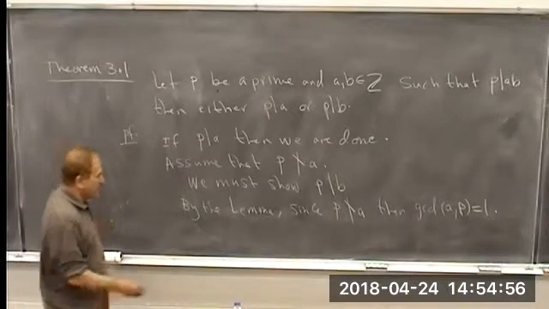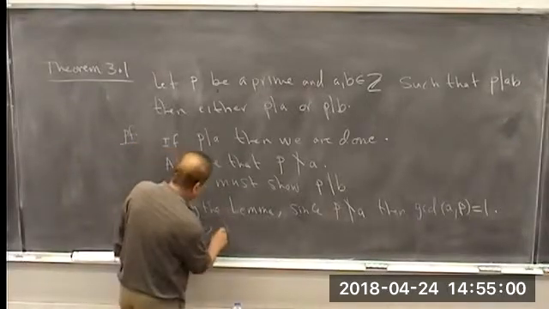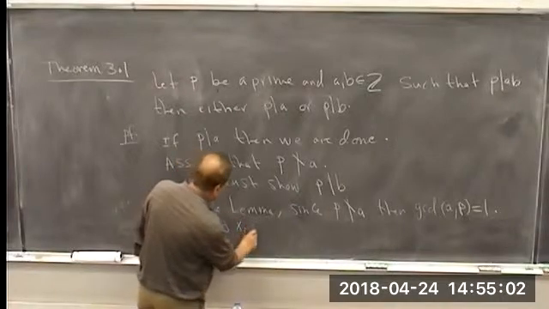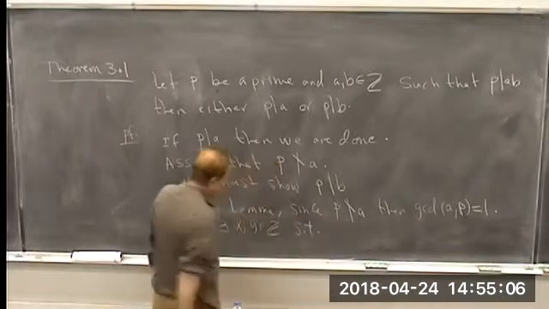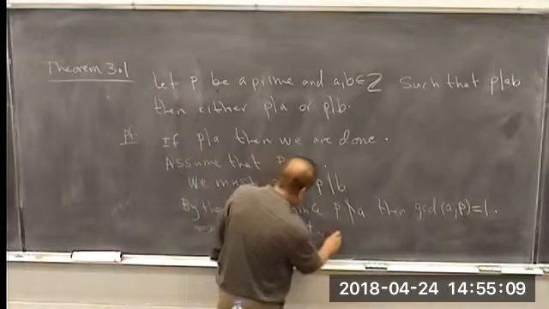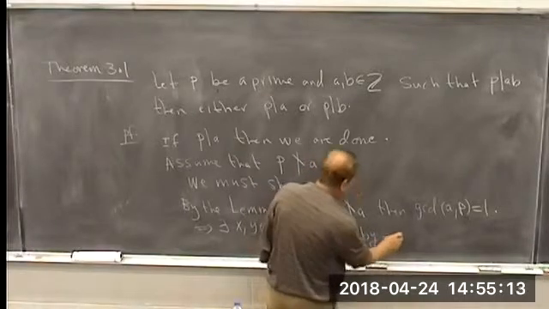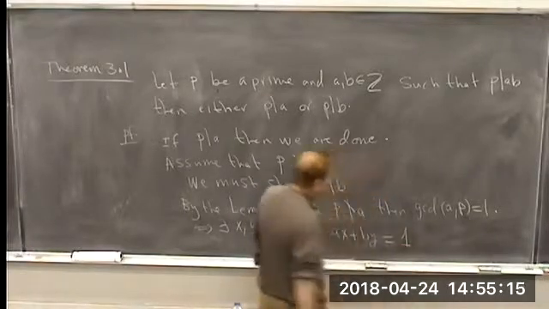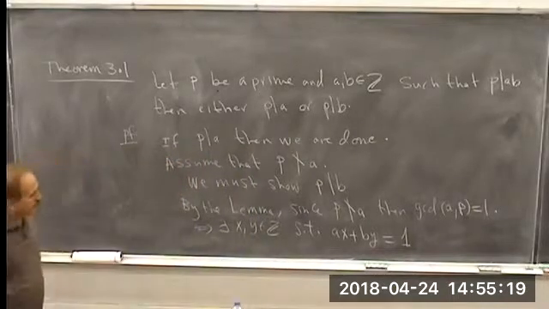Now, from here, this implies by the Euclidean algorithm that there exist x and y such that Ax plus Py is equal to 1. We're going to play with this a little bit, okay?